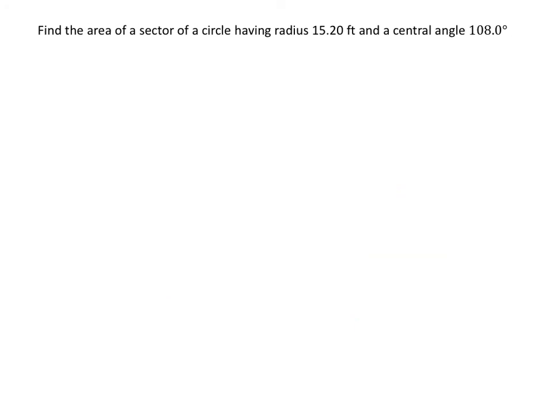So last problem, we have a circle. Our radius is 15.2. We have a central angle of 108. And we want the sector area. First thing I have to do is convert from degrees to radians.